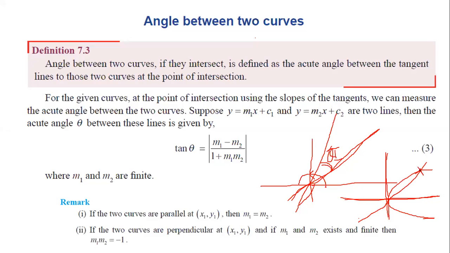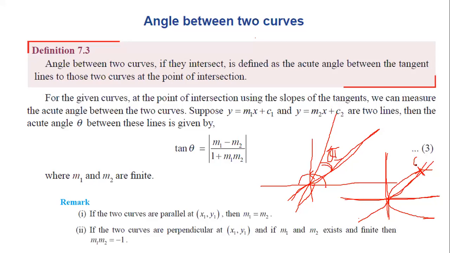This point is called the point of intersection, that is the intersection of both the parabola and the straight line. So what is the parabola here? y square equal to 4x, and what is the 45 degree straight line? y equal to x. If you are finding the point of intersection here, you substitute y equal to x in y square equal to 4x, and you will get that point of intersection.